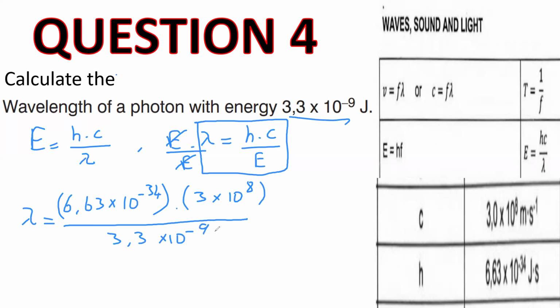For units, we are not writing them during substitution, just the numbers. Then when you get your final answer, of course, we have to write the unit. After all the calculation, wavelength is 6.03 times 10 to the power of negative 17 meters, not joules anymore, because you calculated wavelength.